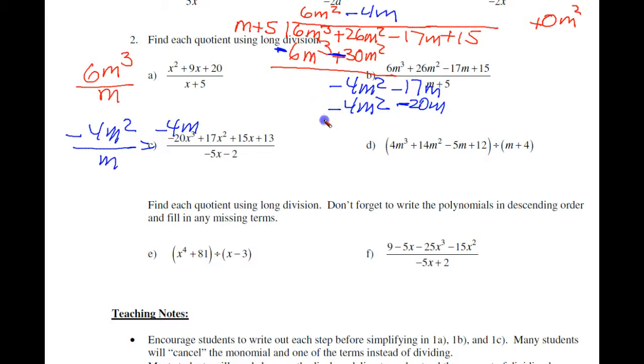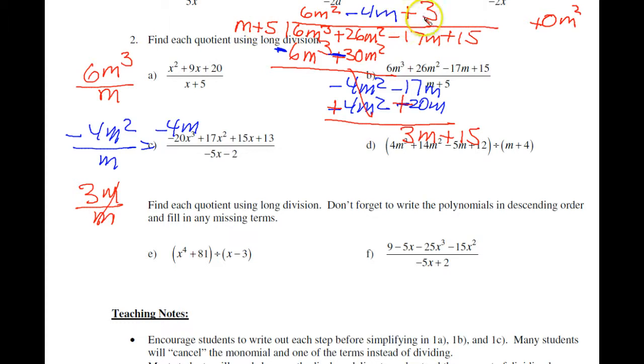Now what do we do? We put our line, but change our signs now. This cancels out, and we're left with a 3m plus 15 that we brought down. Now, again, 3m divided by m is going to be a 3, so a plus 3.